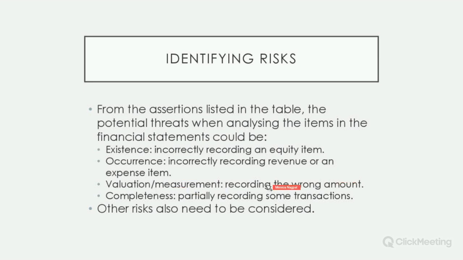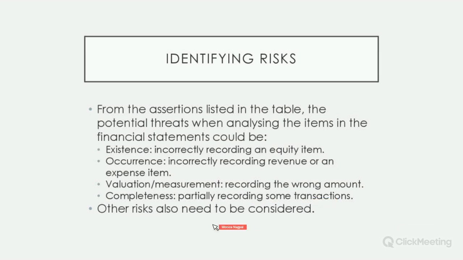Valuation and measurement, what are your recording measures? For example, when you've purchased an asset, have you recorded it as an asset or not, right? Or have you recorded it as an expense? What is the measurement that you're using? Which chart of accounts do they go into? Completeness, partially recorded some transactions.